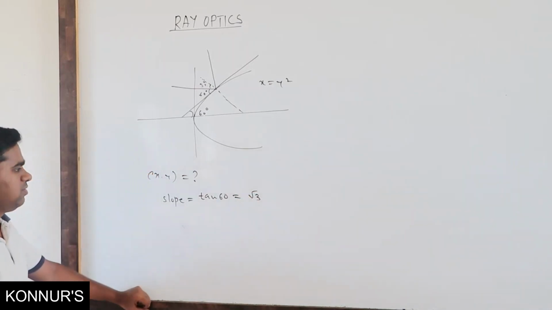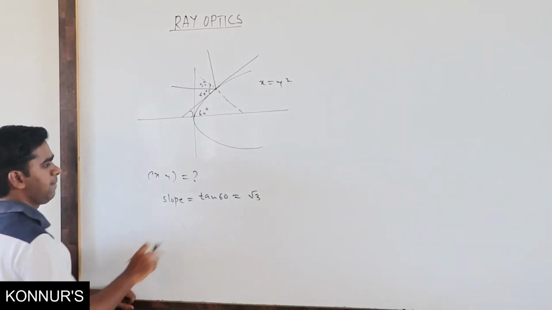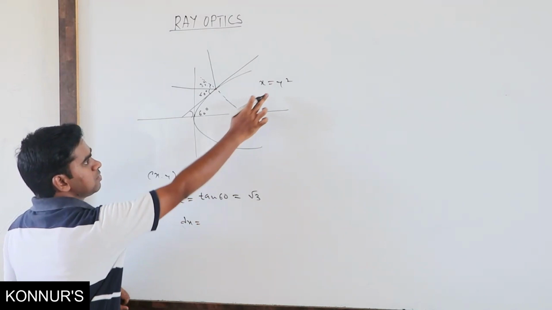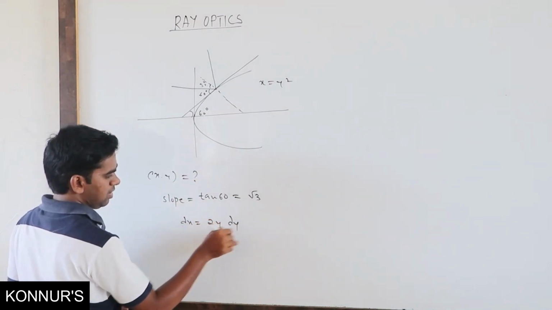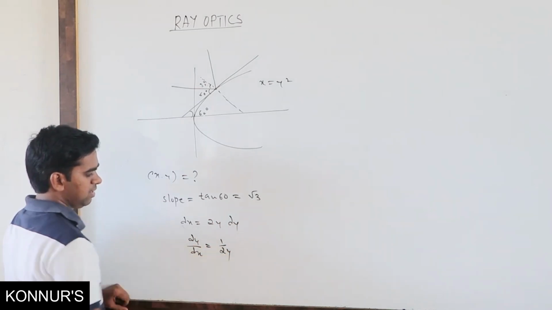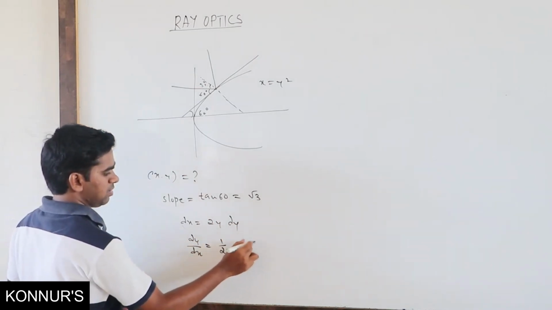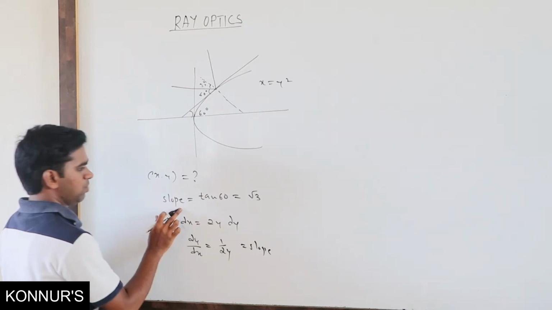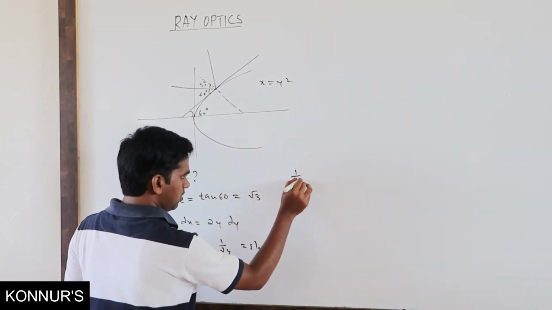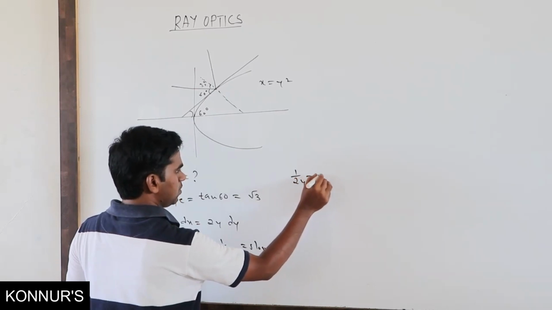Okay. So if tan 60 is root 3, again we know that if you differentiate this one, what will happen? dx equals 2y dy. So dy by dx equals 1 divided by 2y. This is nothing but the slope. So the slope we have already found is root 3. So what can we write? 1 by 2y equals root 3.